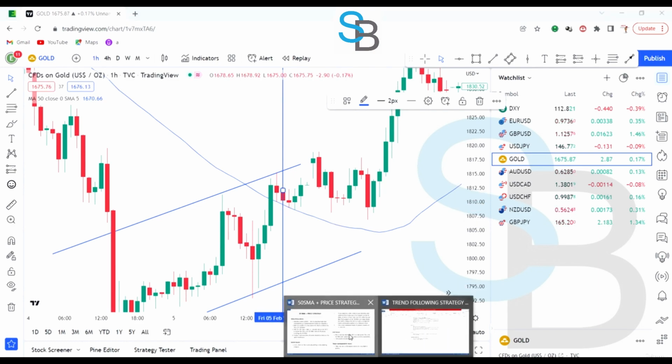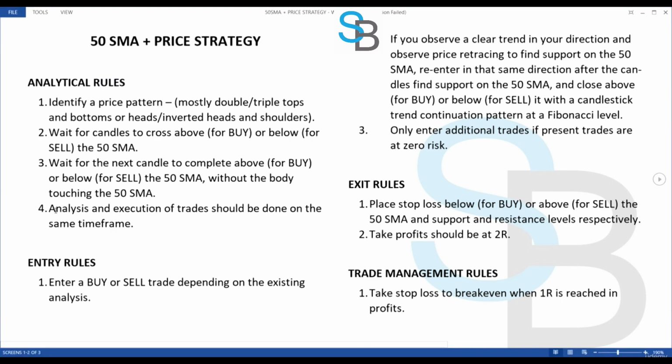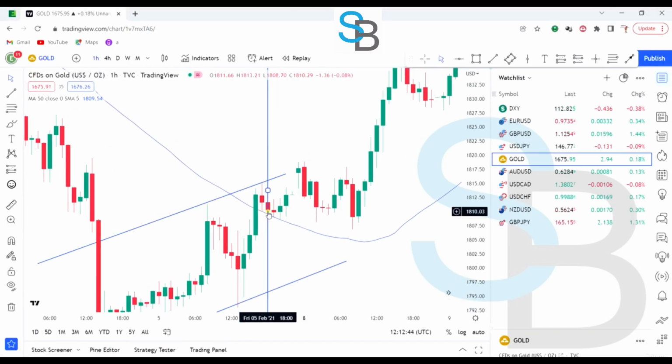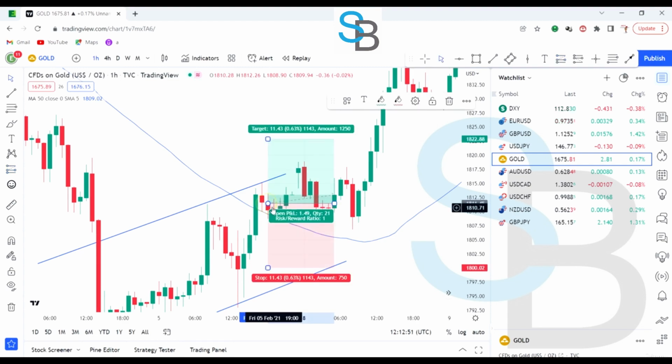And then we have analysis and execution of trades should be done on the same time frame. So it means we are good to go. We are good to enter a position. So now we take this tool and enter a position. So we'll have entered a position at this point, right?